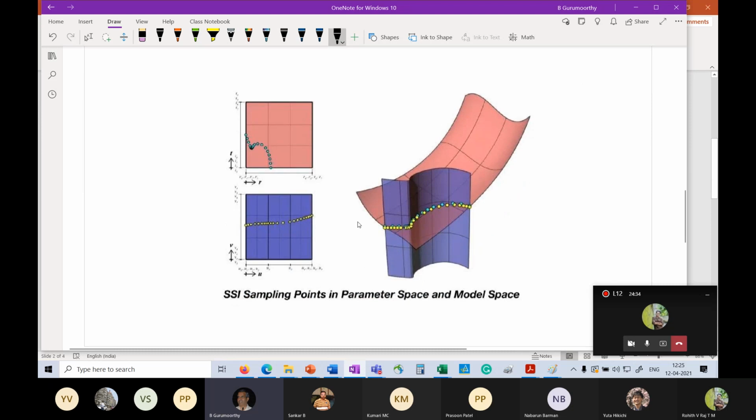So if you look at the result, we have plotted the R star T stars and the U star V stars here. You can see that that's the way it is, because in the blue surface, it goes from one edge to the other, whereas in the red surface, it's stuck to one corner.